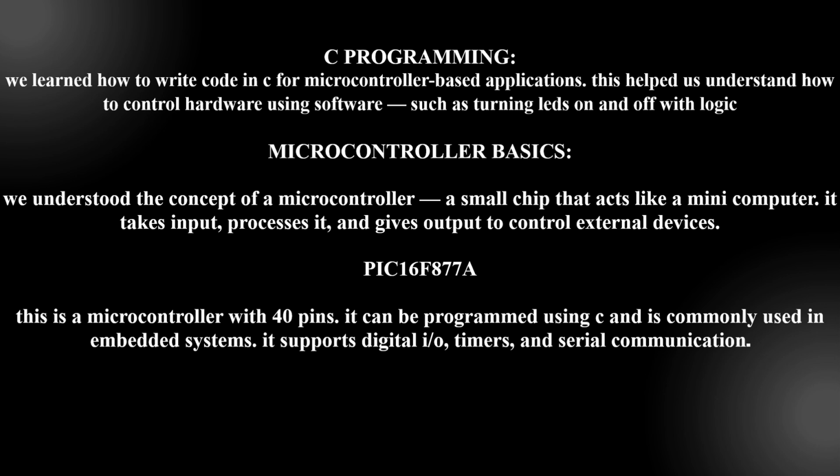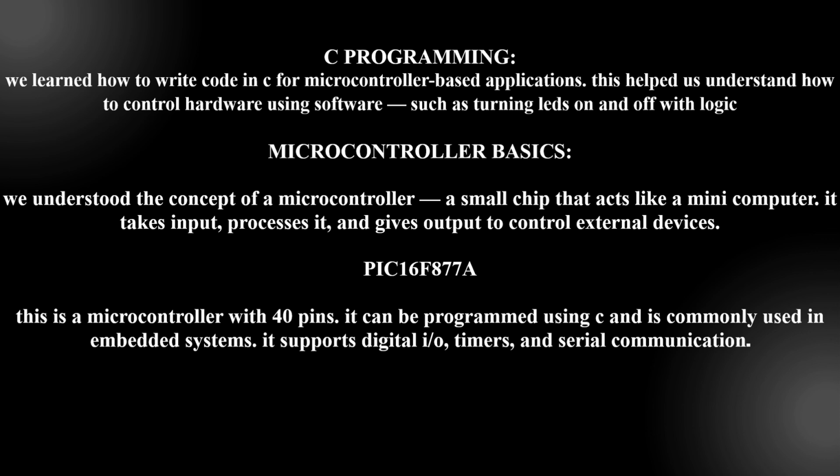This helps us understand how to control hardware using software, such as turning LEDs on and off with logic. Microcontroller basics: we understood the concept of a microcontroller, a small chip that acts like a mini computer. It takes input, processes it, and gives output to control external devices.